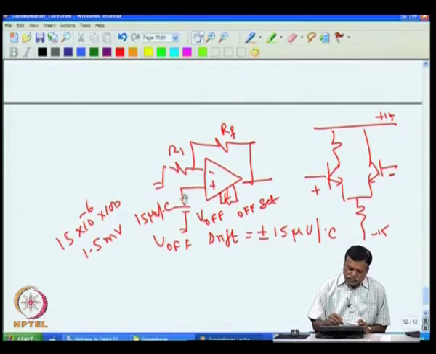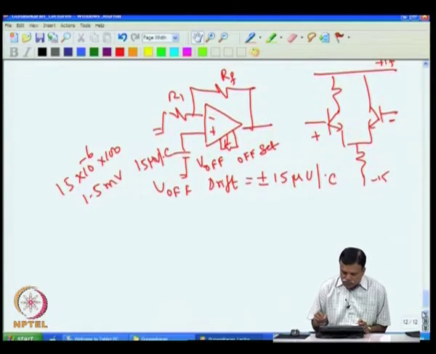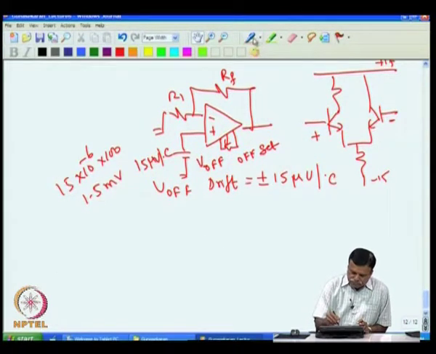In this case the offset voltage drift is 15 microvolt per degree C. So if I want to amplify a thermocouple voltage signal, then I put this circuit and connect the thermocouple.